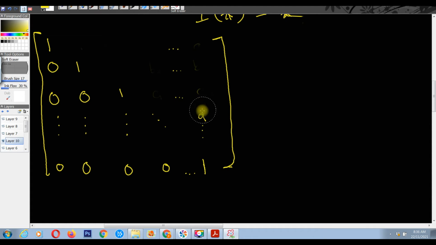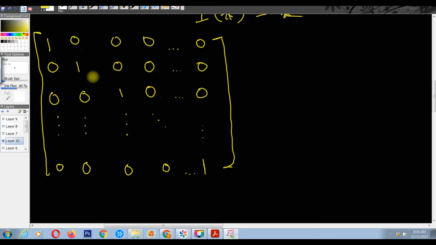That is the identity. So we have 0, 0, 0 until n terms, and then 0, 0 until 0. So we get a square matrix with 1 only on the diagonal.